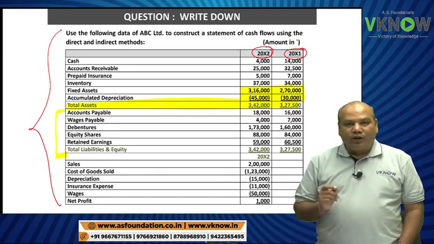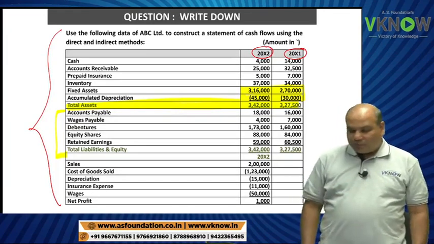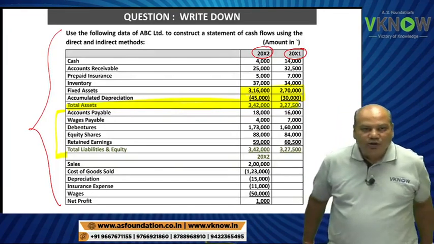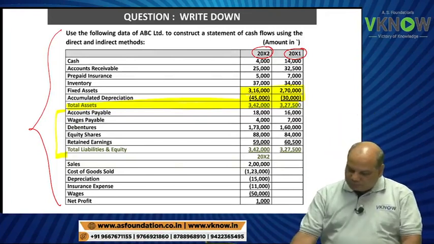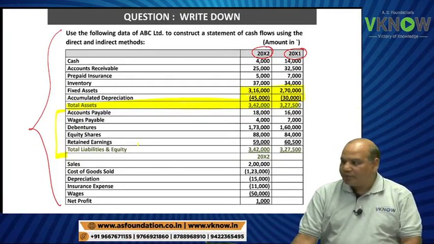Debentures 1,73,000, 1,60,000. Equity shares 88,000, 84,000.